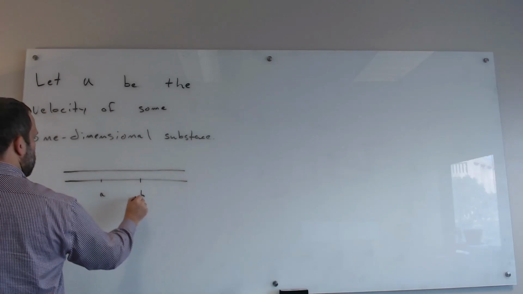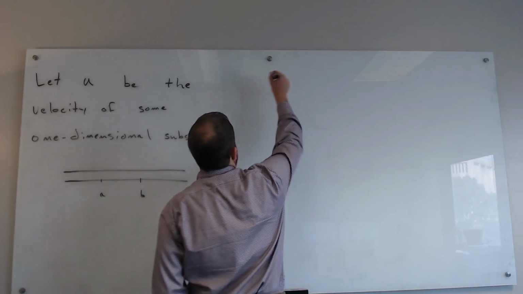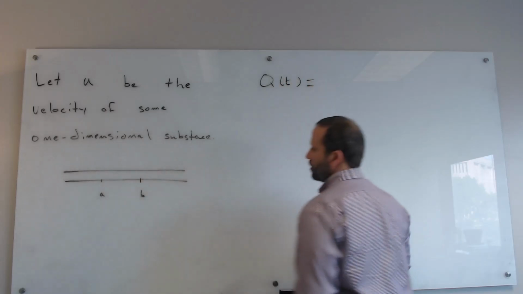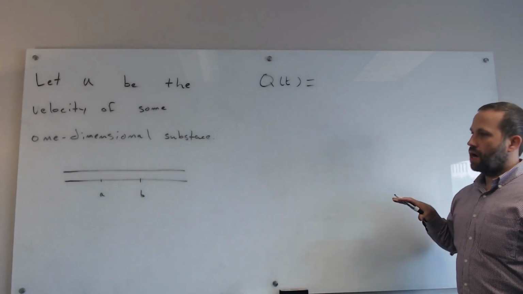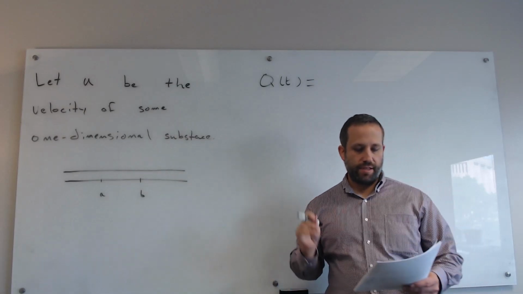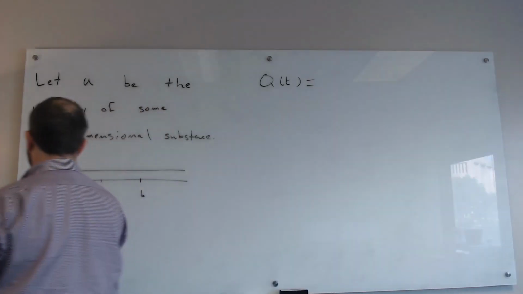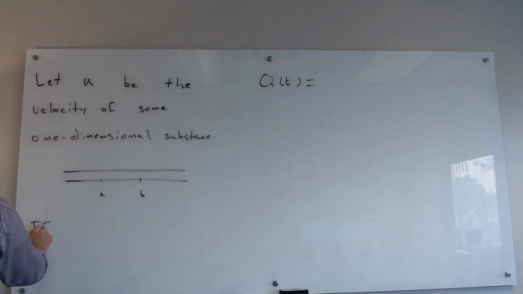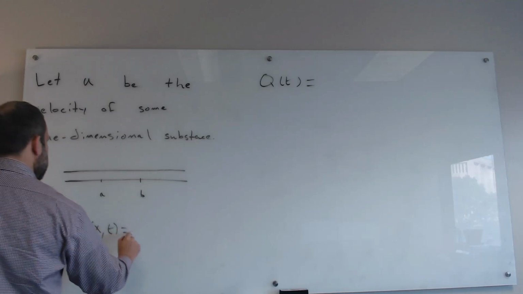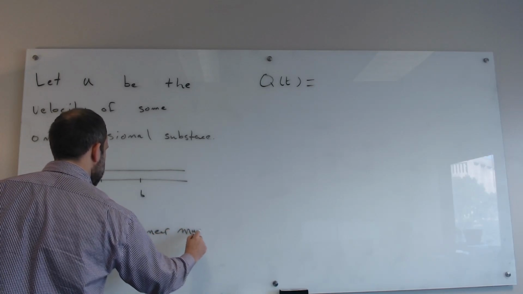Now, if I look from A to B, I can define a quantity that is going to be the momentum of whatever is moving between A and B. So remember, momentum is mass times velocity. So if we have something like rho of x,t, that is linear mass density.